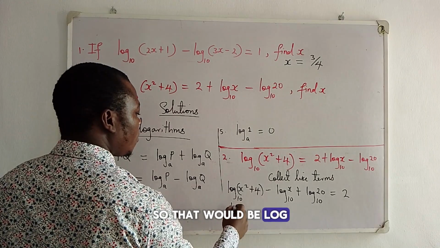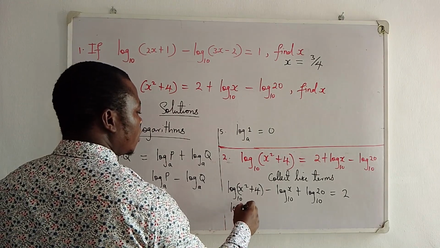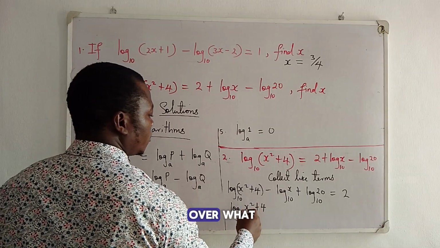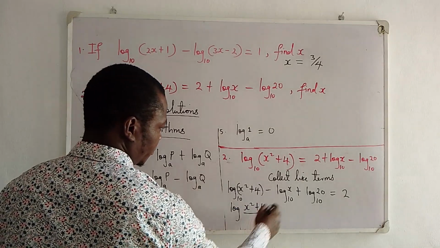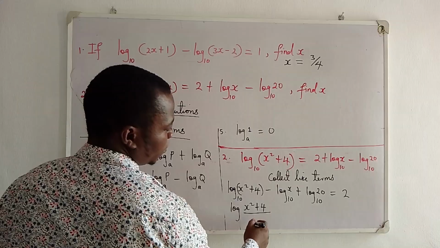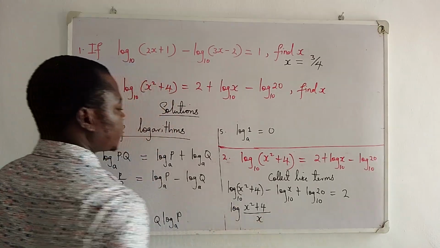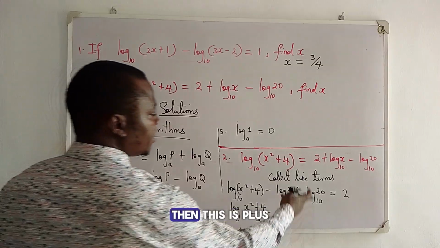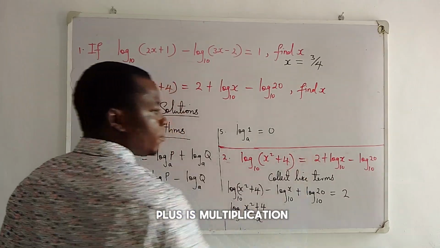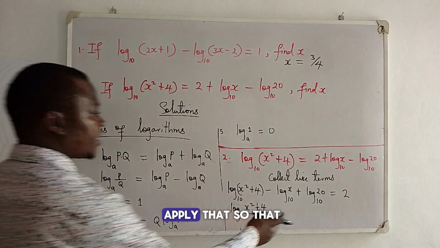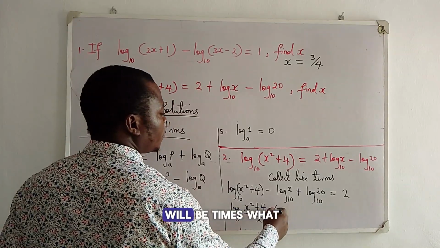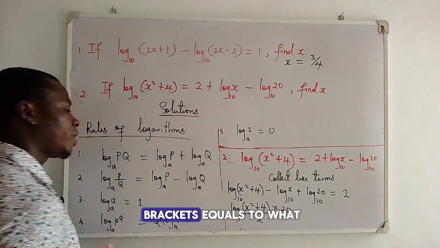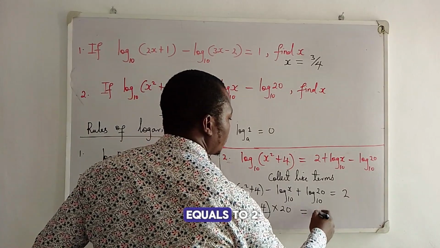So that would be log of x squared plus 4 over x. This is our numerator, this is the denominator. Then this is plus, and plus is multiplication, so we have to apply that. That would be times 20. Put this in brackets. Equals 2.